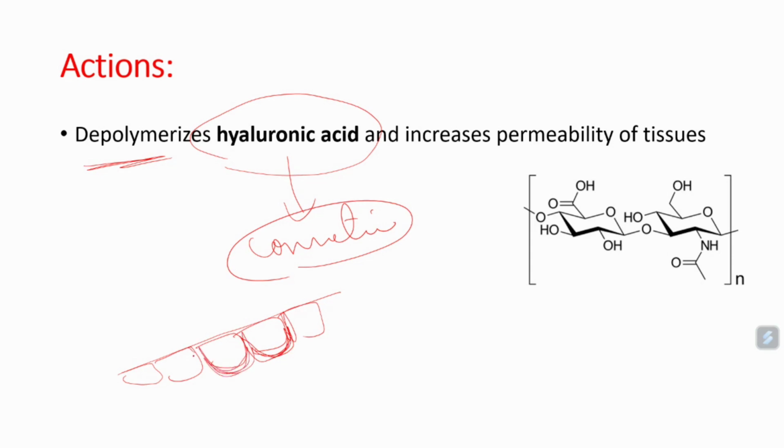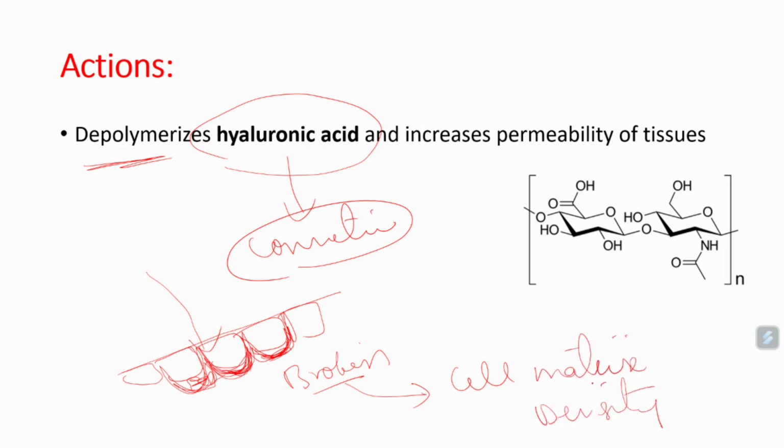When hyaluronidase enzyme is injected here, the extracellular matrix of hyaluronic acid will be broken down, digested, or depolymerized. Depolymerization of this hyaluronic acid will decrease the cell matrix density. When cell matrix density decreases, it increases tissue permeability. So this is the important mechanism of the hyaluronidase enzyme.